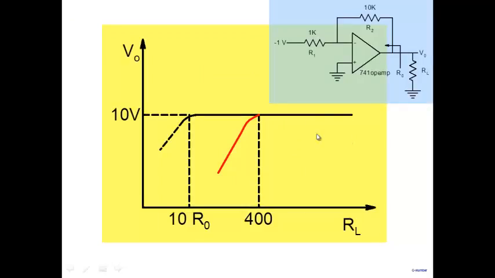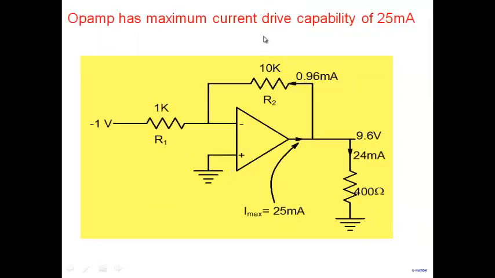So the reason why the output voltage is falling is not because of output resistance considerations, but because my load is demanding a current which my amplifier cannot supply. Amplifier cannot supply, and therefore the output is actually dropping. So every amplifier has a maximum current drive capability. For 741 op amp, it is 25 milliamperes. For some other amplifier, it may just be 1 milliampere, or for some, it may be 100 milliamperes.